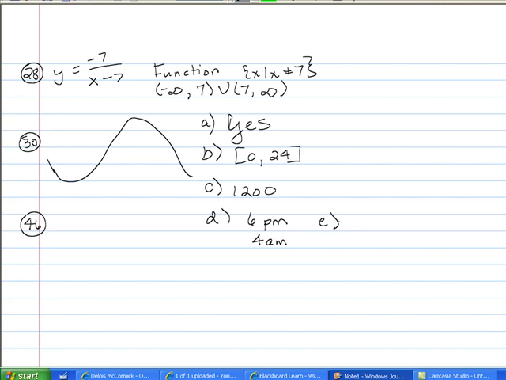Okay, turning the page. We're supposed to sketch these. Okay, and what I'm going to base my sketch on is knowing that these are linear functions.